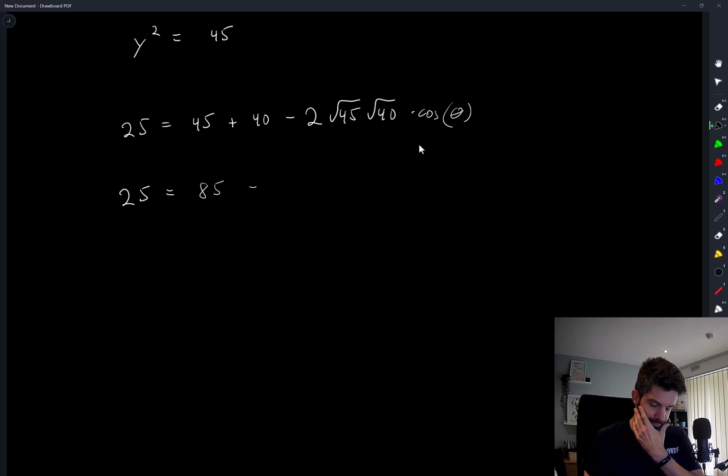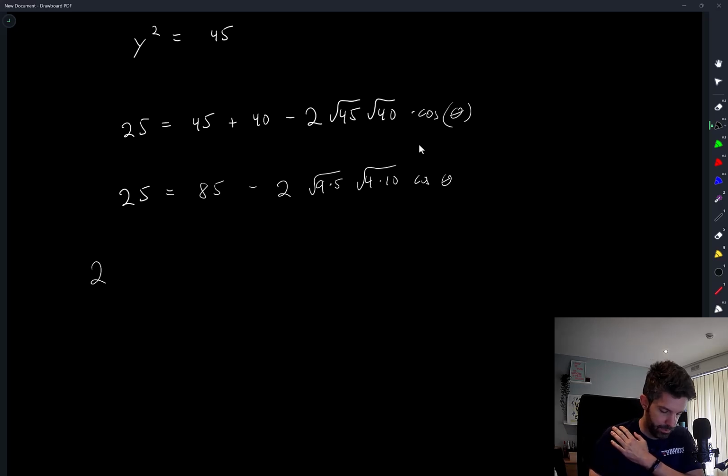Is there an easy way to mix up these roots here? 45 is 9 times 5. 40 is 4 times 10. Okay, so I have 2 times 3 root 5 times 2 root 10 times cos theta is equal to 60.